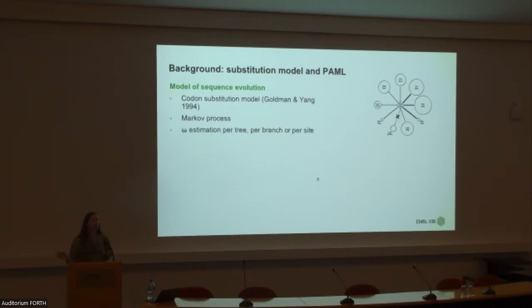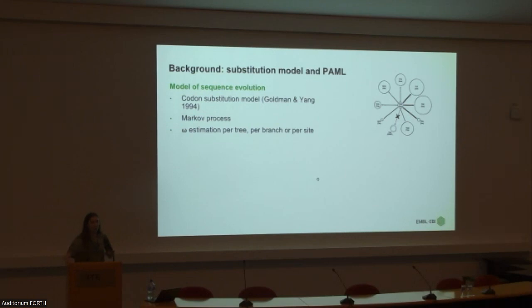And because we're working at the codon level, we have both the nucleotide and amino acid information, and so we can directly estimate omega on a per tree, per branch, or per codon site basis.